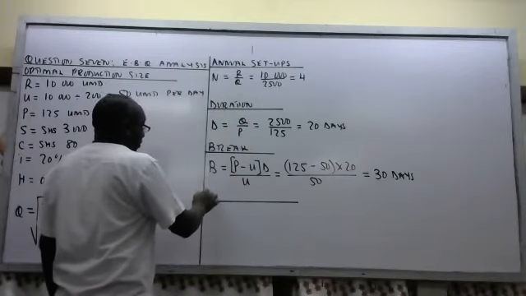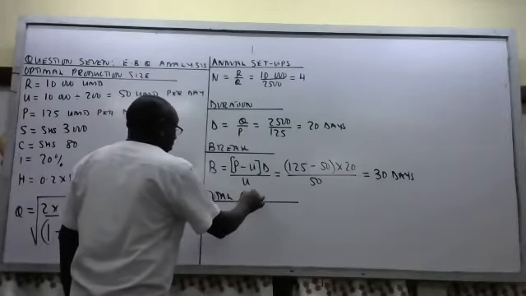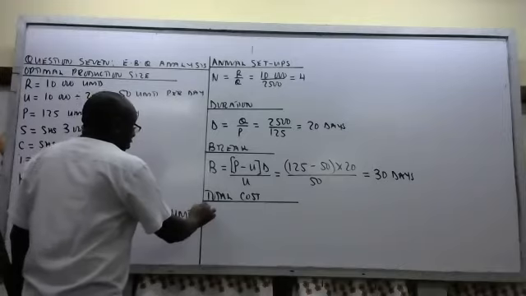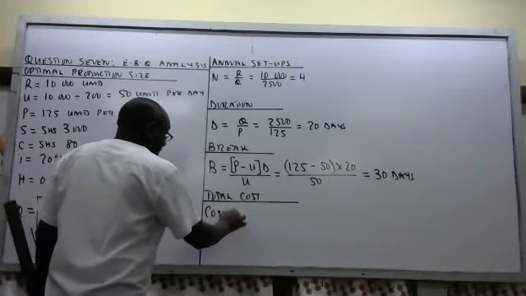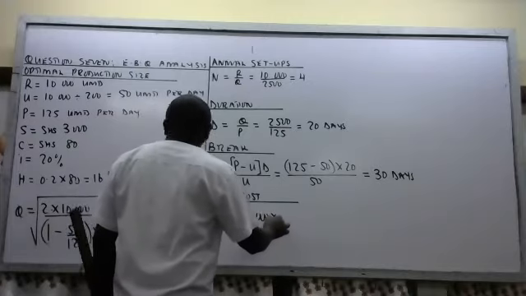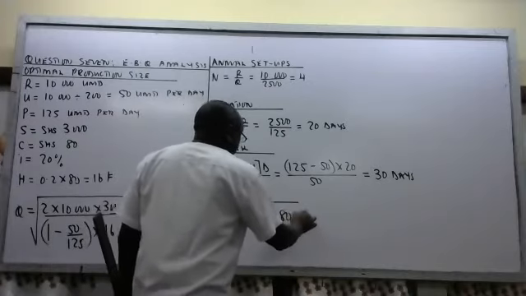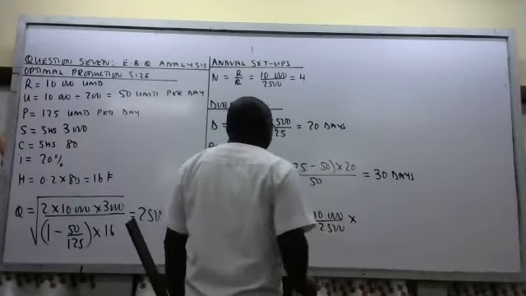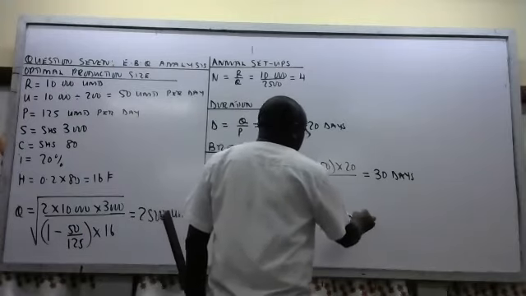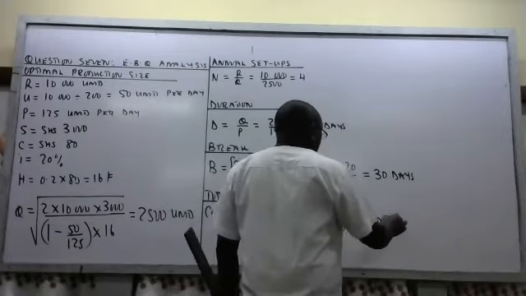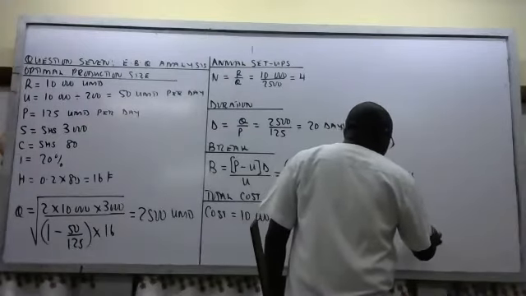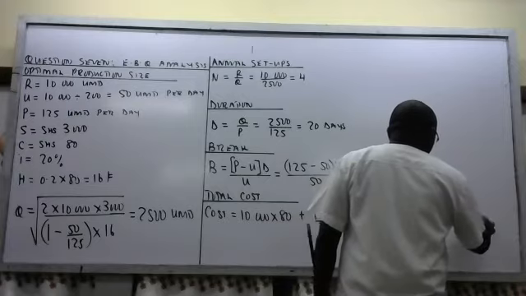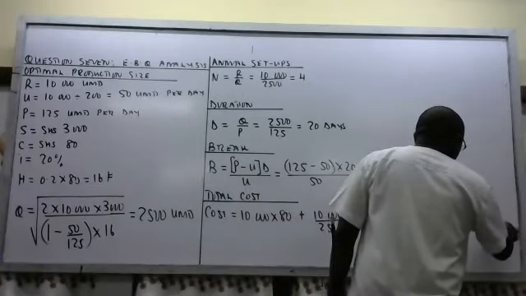The next one now is total costs. It will be 10,000 times C, which is 80, plus 10,000 divided by Q, 2,500, times S, which is 3,000, plus 2,500 divided by 2, multiplied by 16, multiplied by 1 minus 50 out of 125.